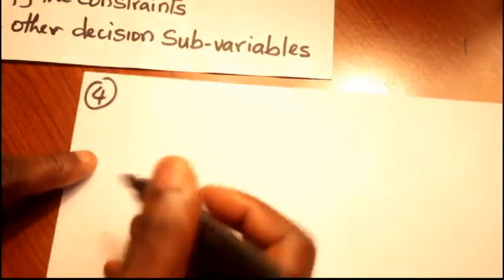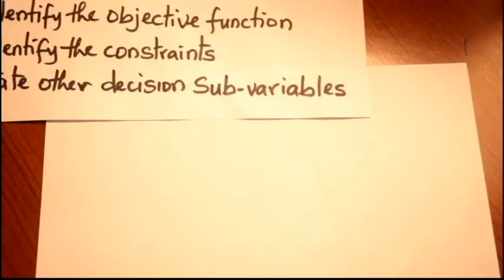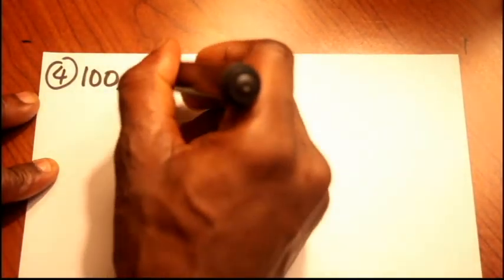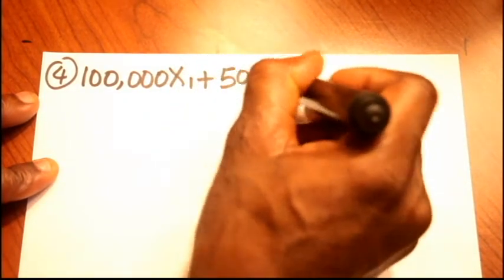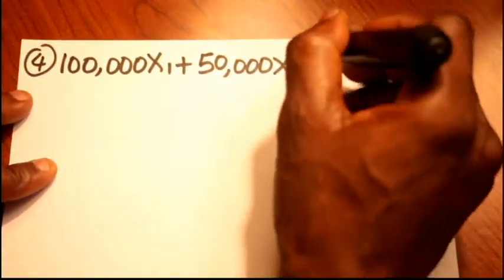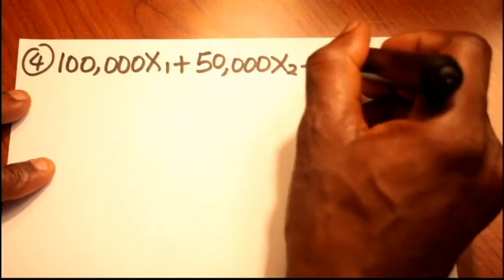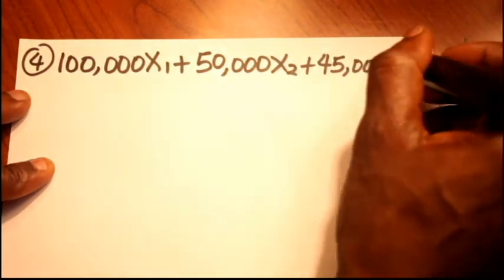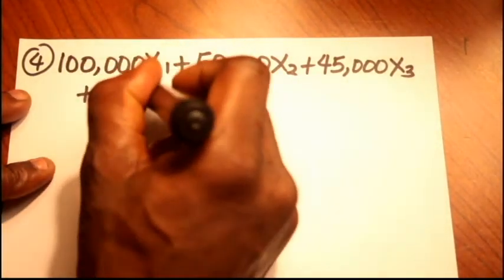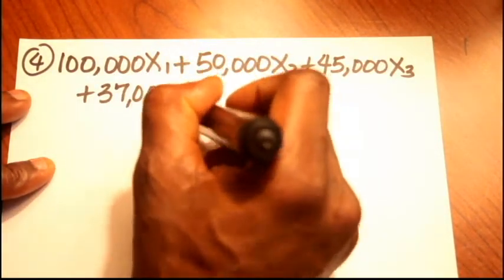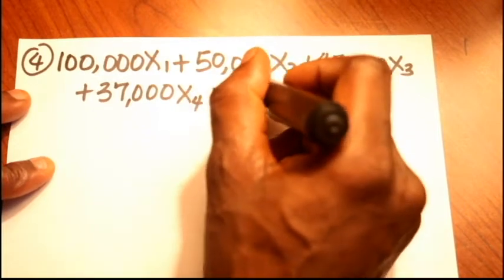So what I'm going to have now is 100,000 X1 plus 50,000 X2 plus 45,000 X3 plus 37,000 X4, which all must be equal to or greater than 2.7 million.